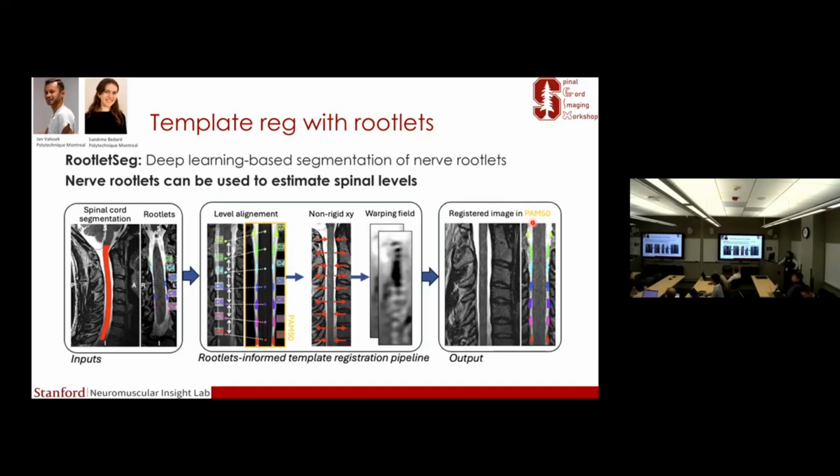I think at the upper cervical level, rootlets are pretty much perpendicular to the cord, so there's maybe less of a gap, but the further you go down, you cannot really see the rootlets' dorsal entry because it's just really over the cord, and we don't have a contrast between rootlets when they are really on the cord. So I think that's why we can have this kind of gap.